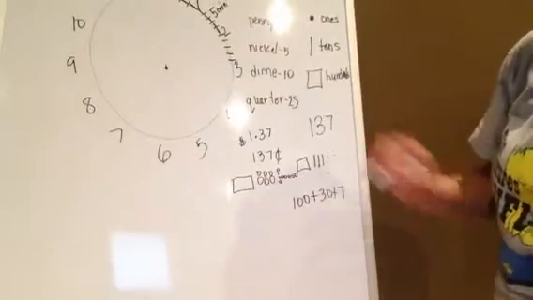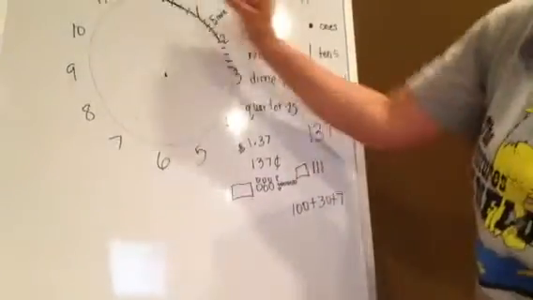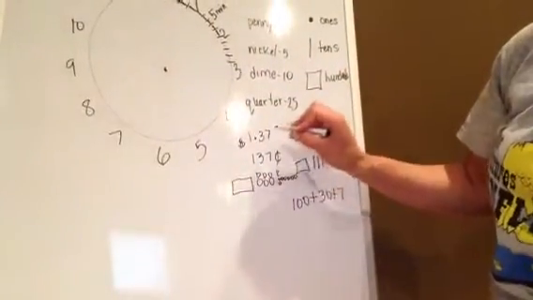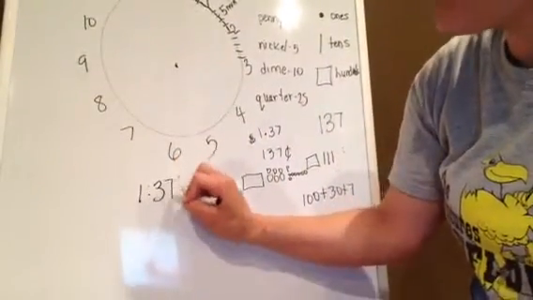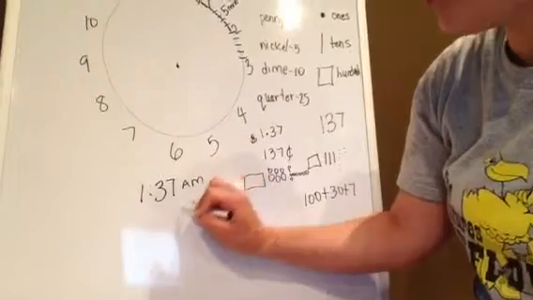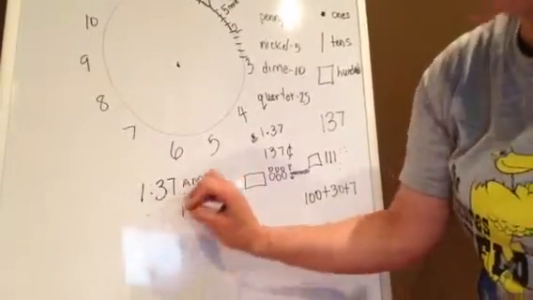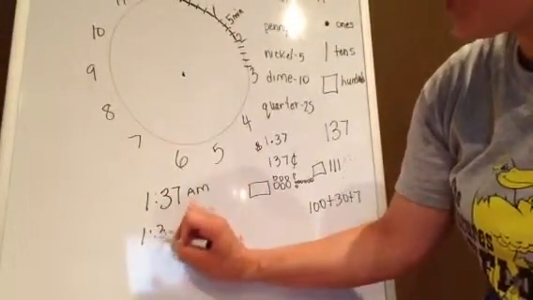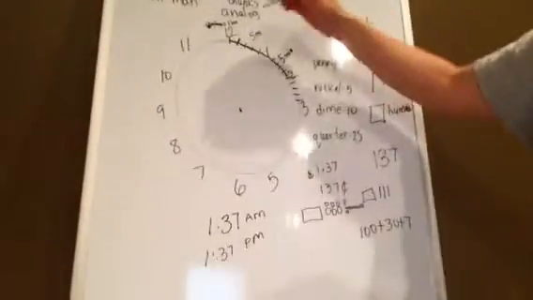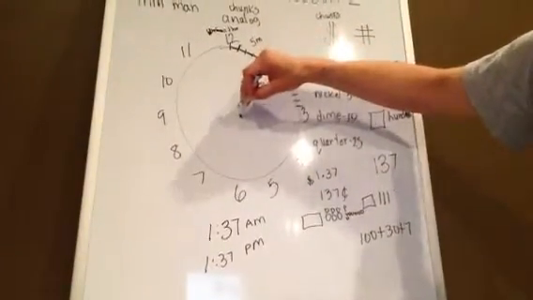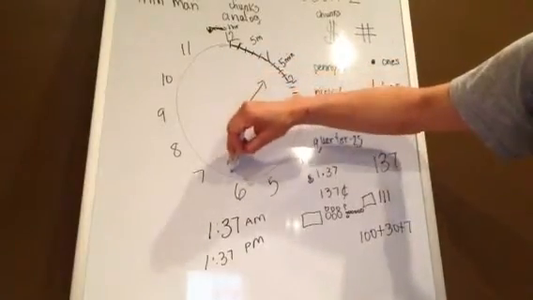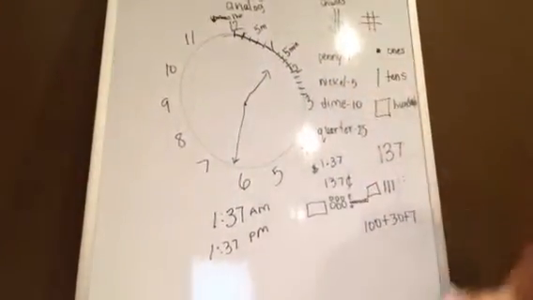Okay? I could also show 1 hour and 37 minutes, or 1:37 a.m. or p.m. on the clock by counting it in chunks. I could show the little hand on hour 1, and the big hand on 37 to show the minutes, like that on a clock.